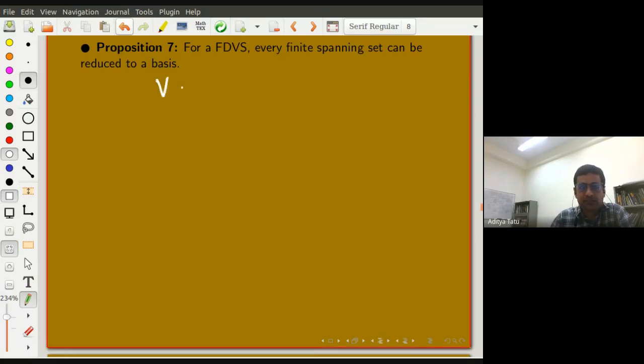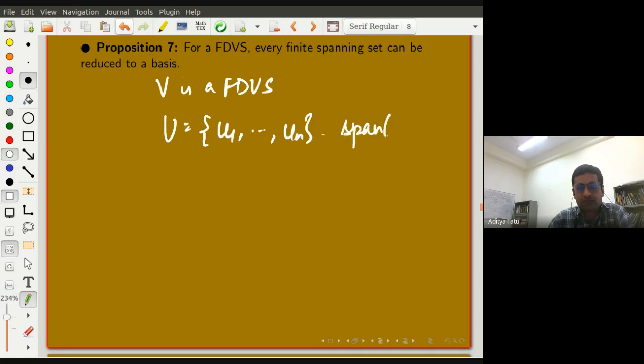If V is a finite dimensional vector space, let's say U contains n elements such that span of U is V, right? I can reduce U to form a basis of V. How will I do that?